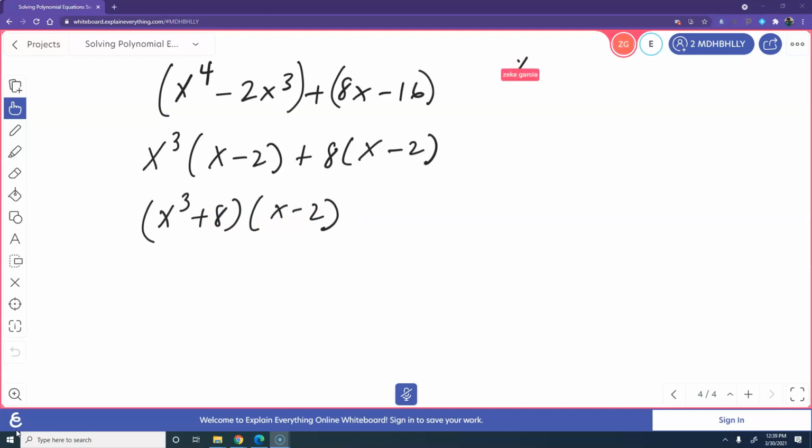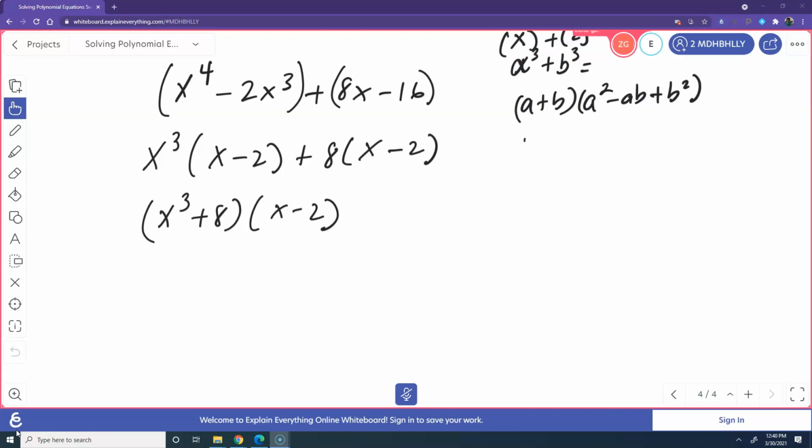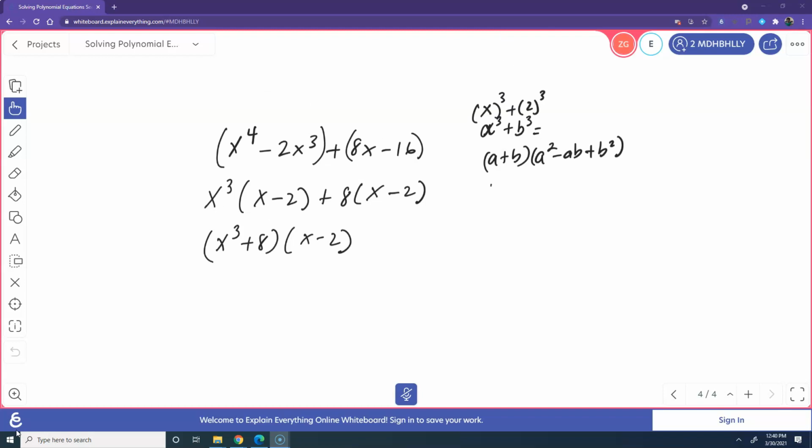Remember, a cubed plus b cubed is equal to a plus b times a squared minus ab plus b squared. That's a sum of cubes, and we know that for x cubed plus 8, a is going to be x and b is going to be 2, since 2 cubed gives you 8.